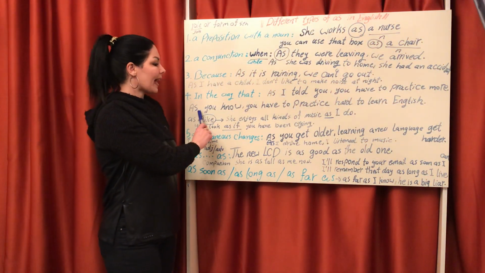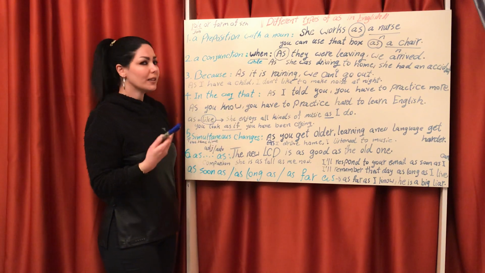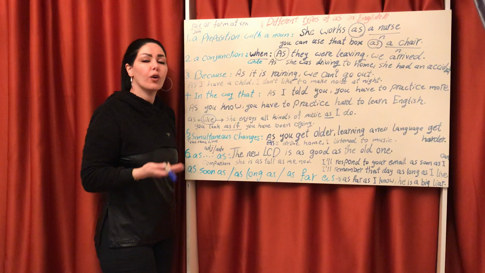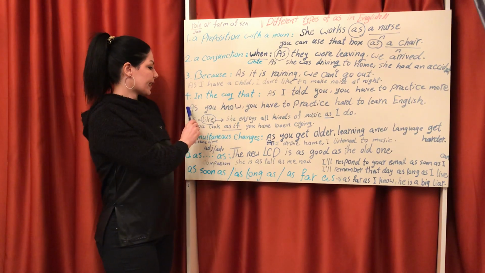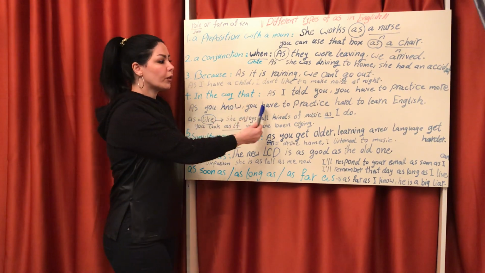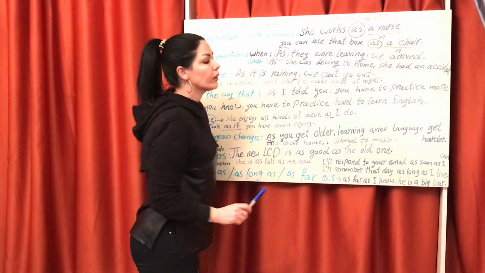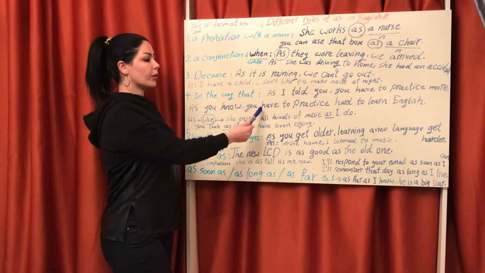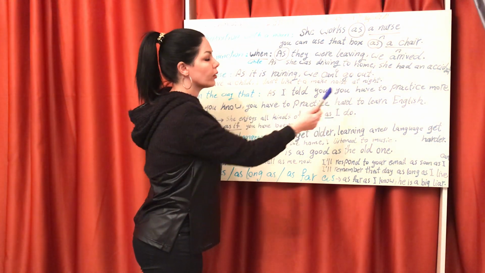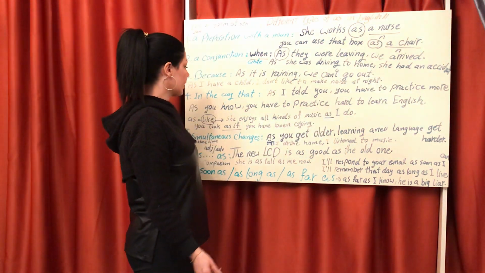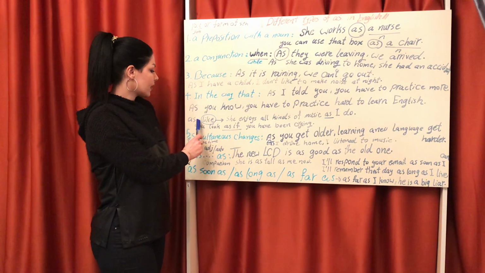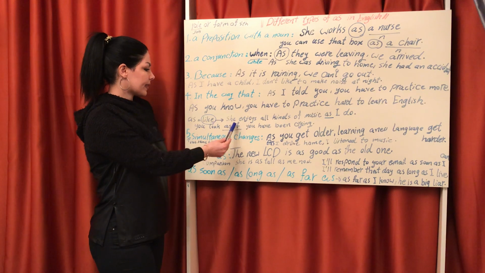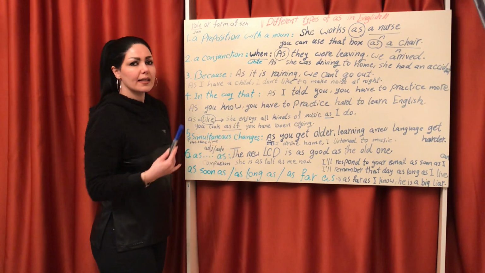And here, "as you know" means I want to say something that you already know. So I say, as you know, you have to practice hard to learn English. And number three, "as" meaning the same as, like.